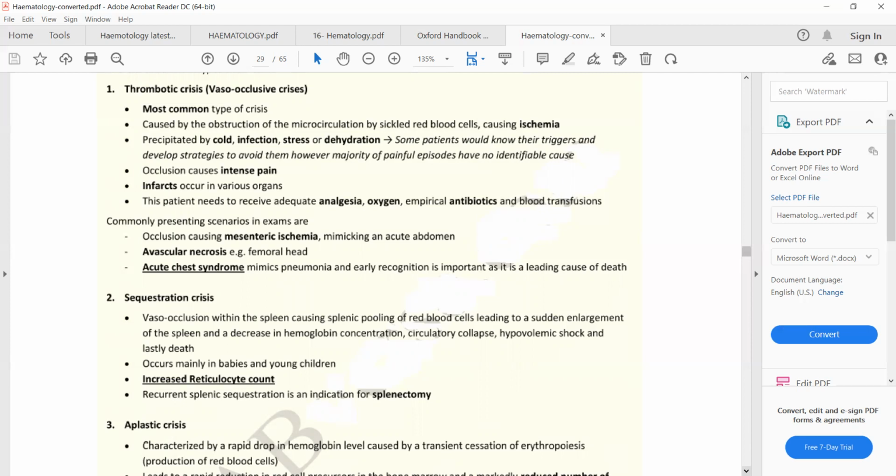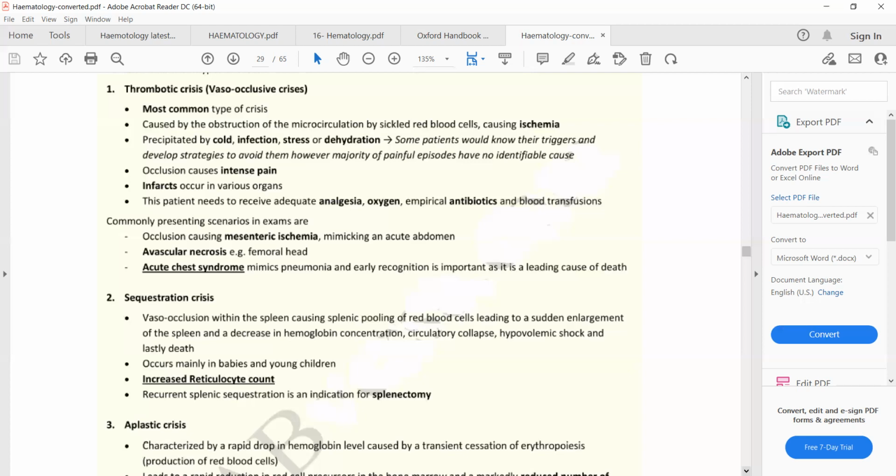The most common type of crisis that a patient with sickle cell anemia can develop is thrombotic crisis or vaso-occlusive crisis. What happens in this crisis due to sickle-shaped RBCs is that the blood vessels of different organs are blocked.